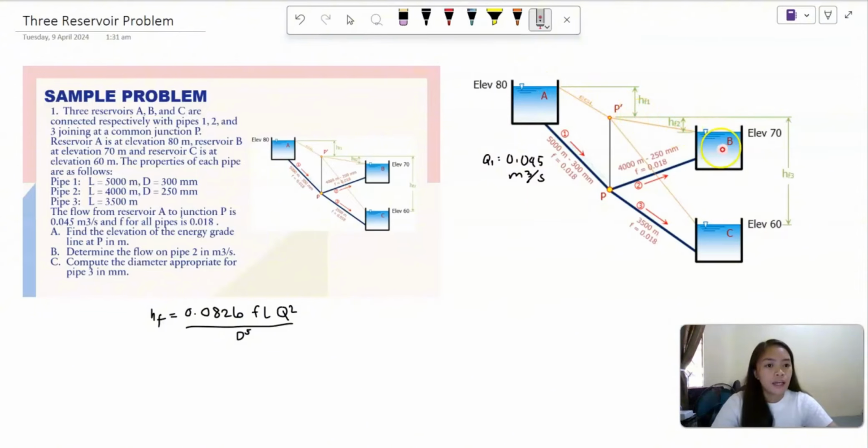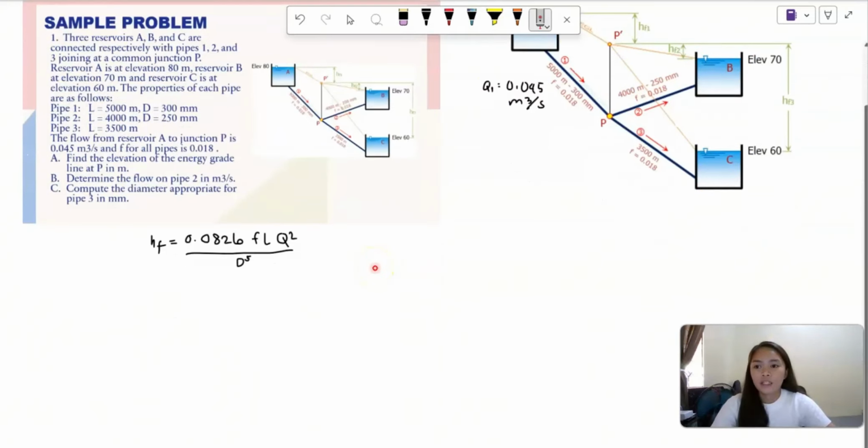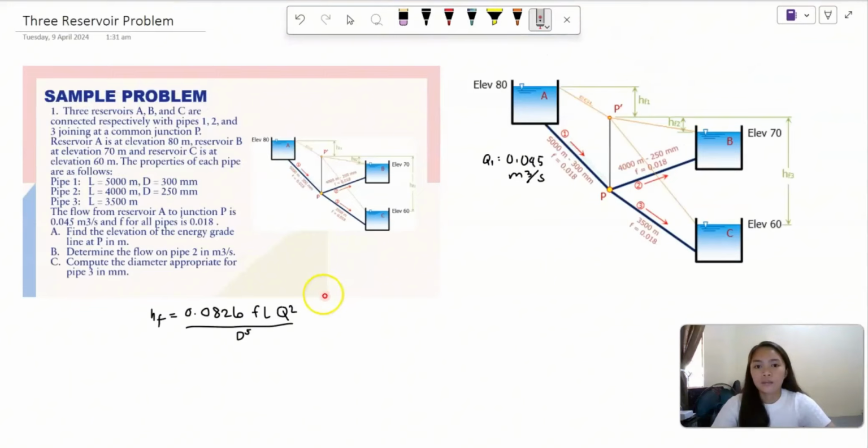For reservoir B, it is from the junction up to the water surface of reservoir B. And for reservoir C, from the junction P prime up to the water surface of reservoir C. So given the elevations, the first thing that we need to find is the elevation of the energy grade line at P.